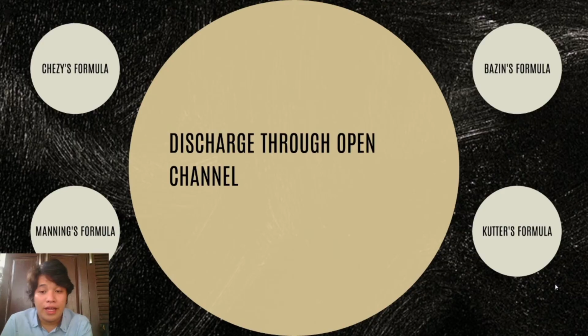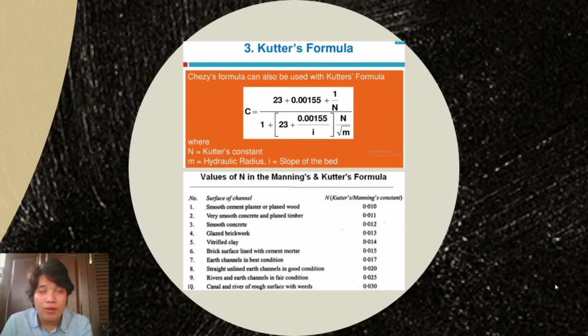And next is the Kutter's formula. I think there are two engineers, inventors, that created this formula. And this is the SI, or the international standard, equation for Kutter's formula. C is equal to 23 plus 0.00155 over S, and so on.